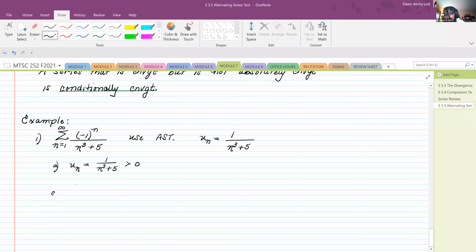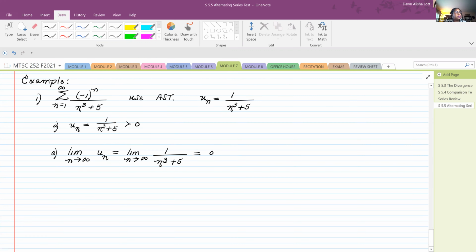C, the limit as n approaches infinity of UN equal to the limit as n approaches infinity of 1 over n cubed plus 5 is clearly 0 because n cubed blows up.